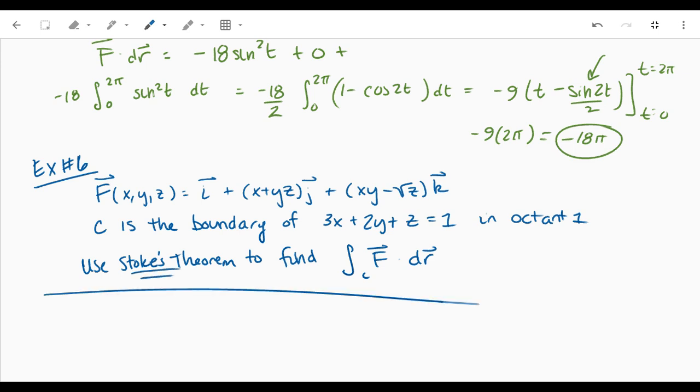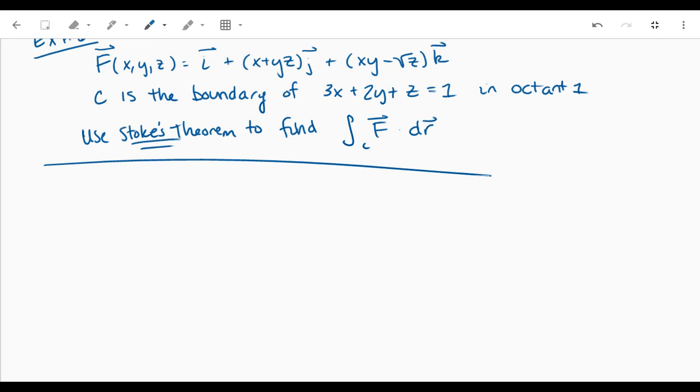So that means that instead of doing that, we are going to do the integral over the surface of the curl of f dot ds.